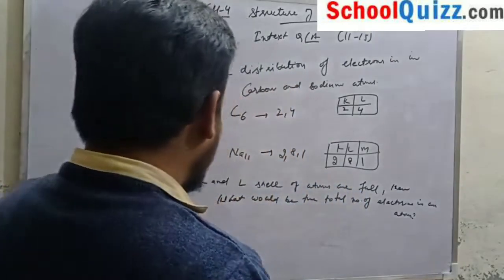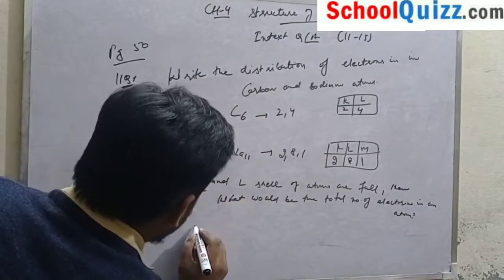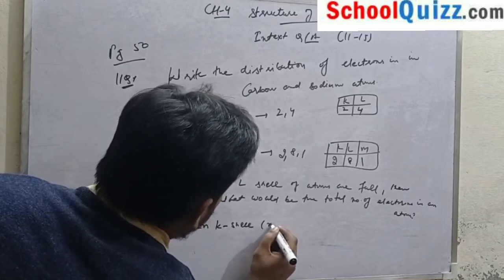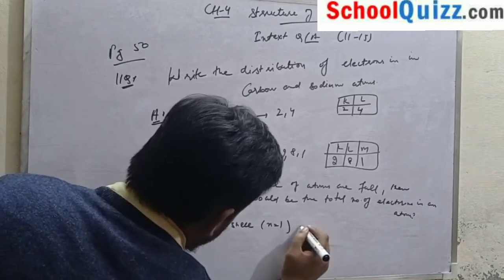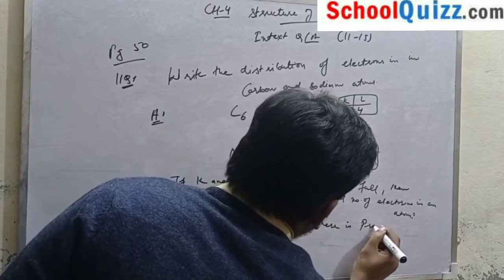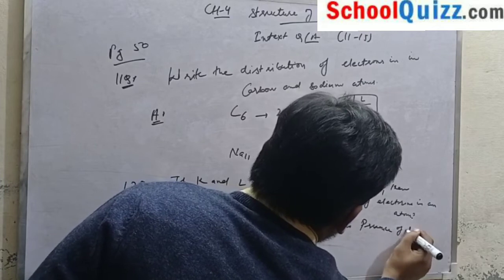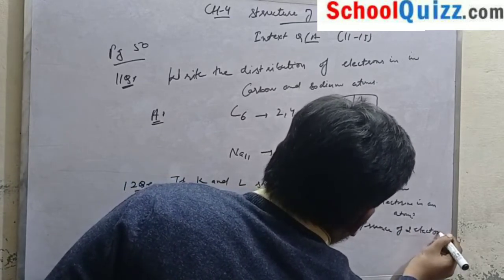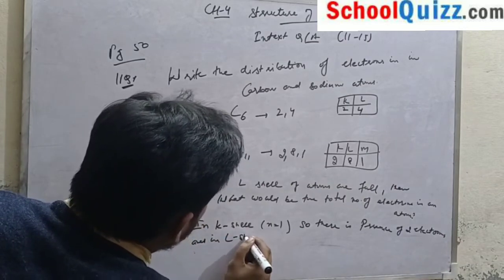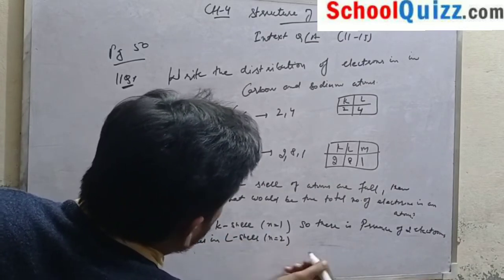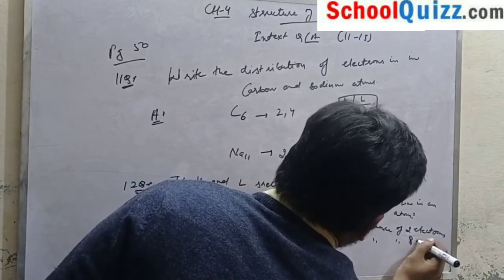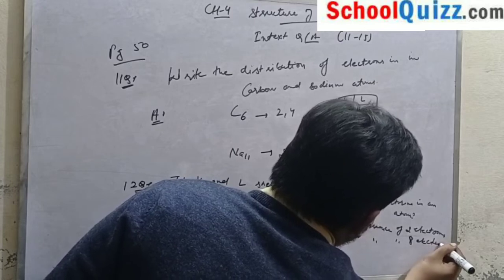In the K shell, n equal to 1, there is a maximum of 2 electrons, and in the L shell, n equal to 2, there are 8 electrons.